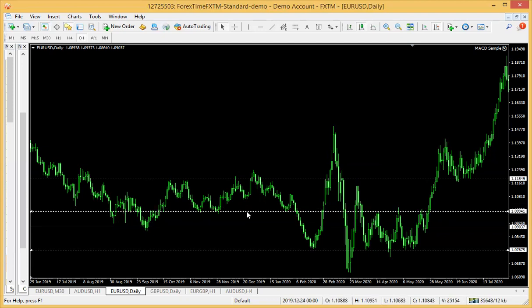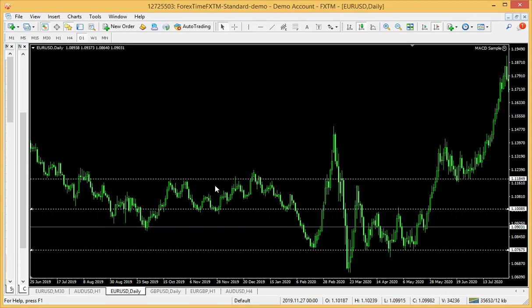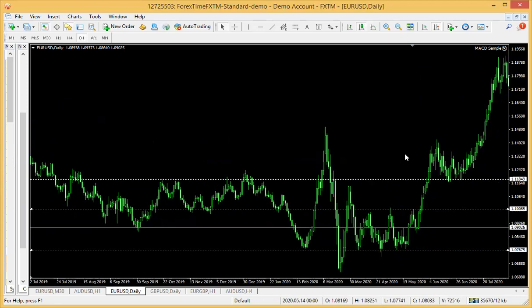Number one, if you trace very well, you will know that this place is a very strong level. Look at it, the market struggles here, the market struggles here. When you say level, it's psychology.